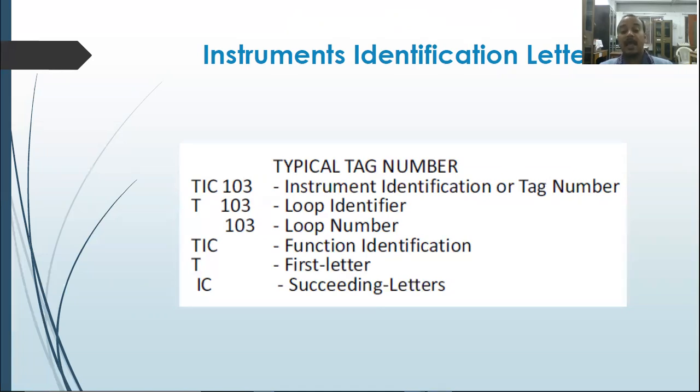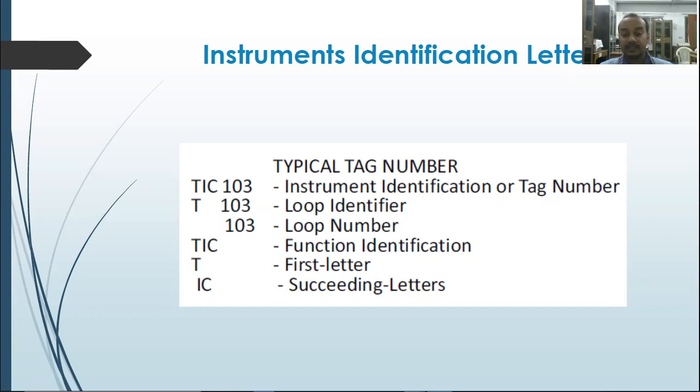The first letter and the number will tell you which type of loop it is. T stands for temperature, and 103 is the loop number. That means loop 103 is associated with temperature measurement and control. That's why capital T is associated with it. 103 is nothing but the loop number we are talking about.